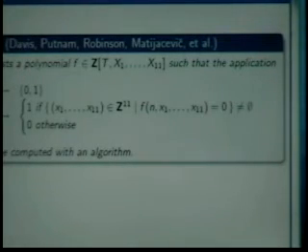And there is a result of Davis, Putnam, Robinson, Matiyasevich, and more, which says that in fact, the other people contributed to reduce the number of variables.